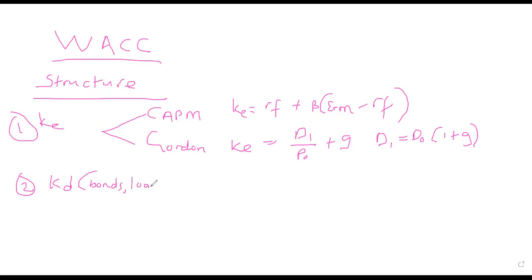All these have a cost of interest attached to them. Because interest is already charged in the income statement, to avoid having a high cost, you have what is called a tax shield. So the cost of debt after tax is simply 1 minus tax, multiplied by the cost of debt in question.